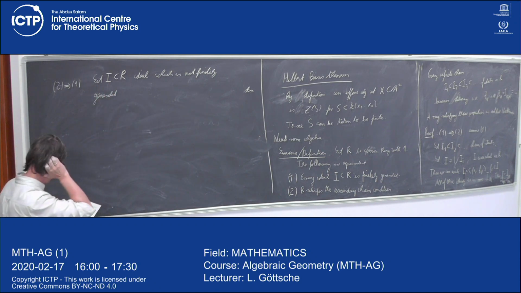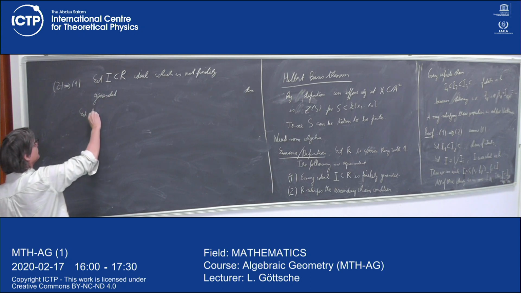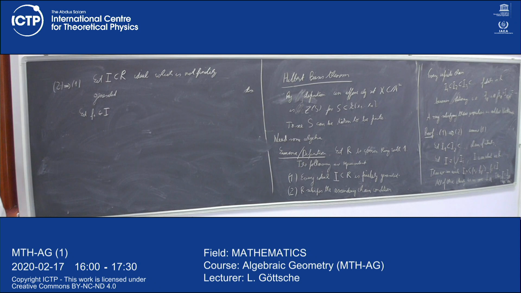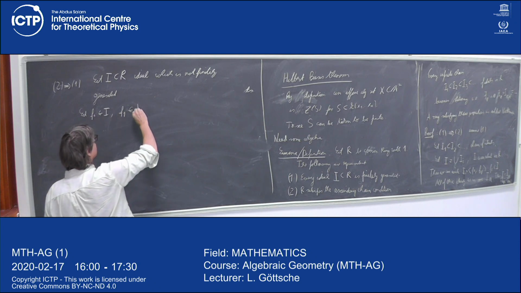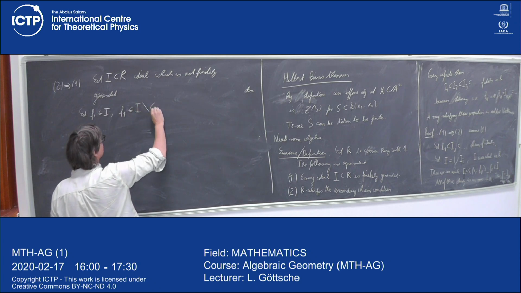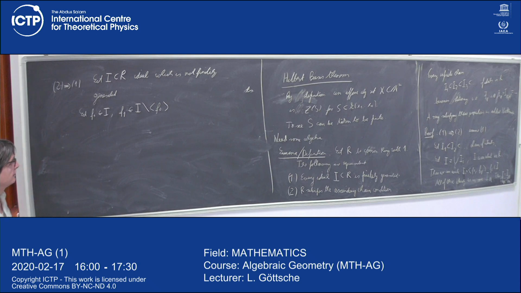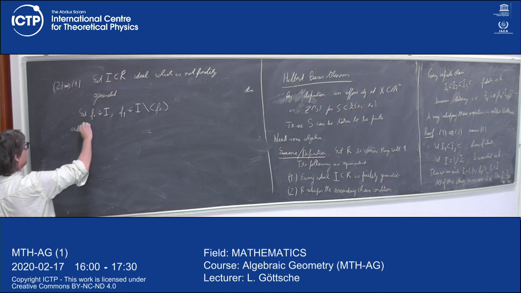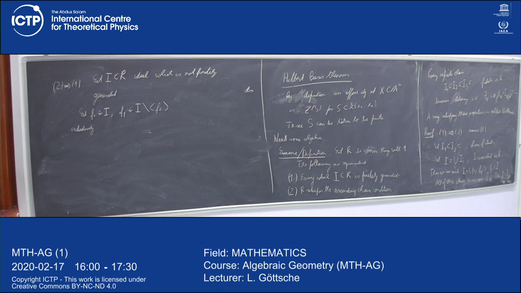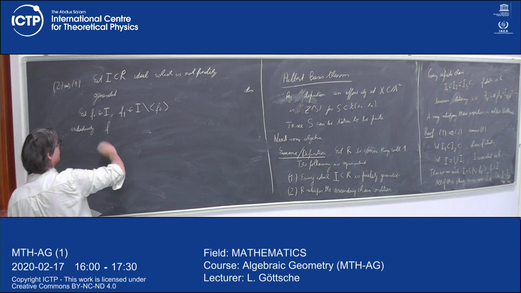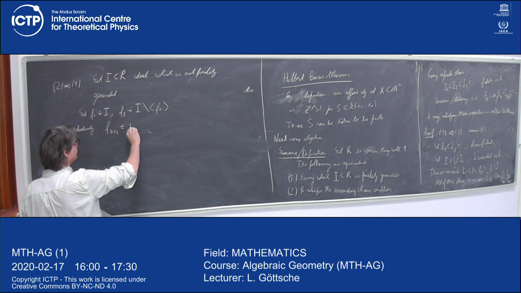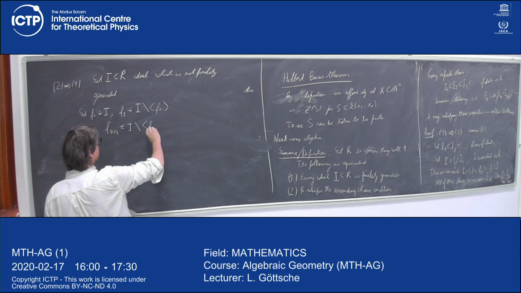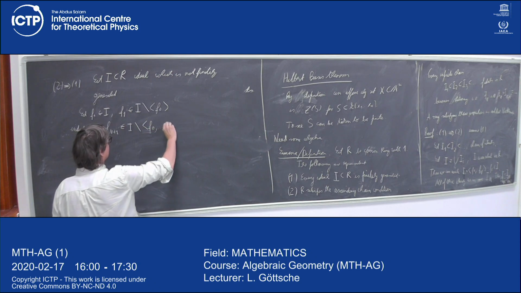So then we can just take, first, some element f_0 in I, then we take f_1 in I without the ideal generated by f_0, and inductively we take f_{n+1}, an element in I without the ideal generated by f_0 until f_n.